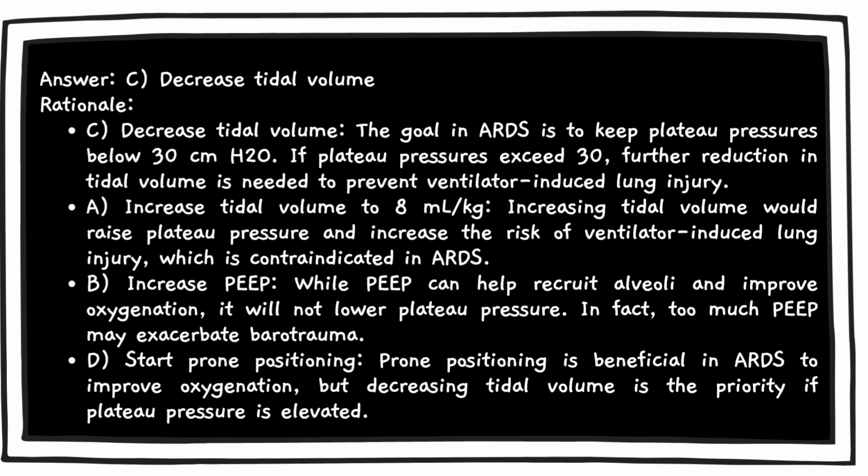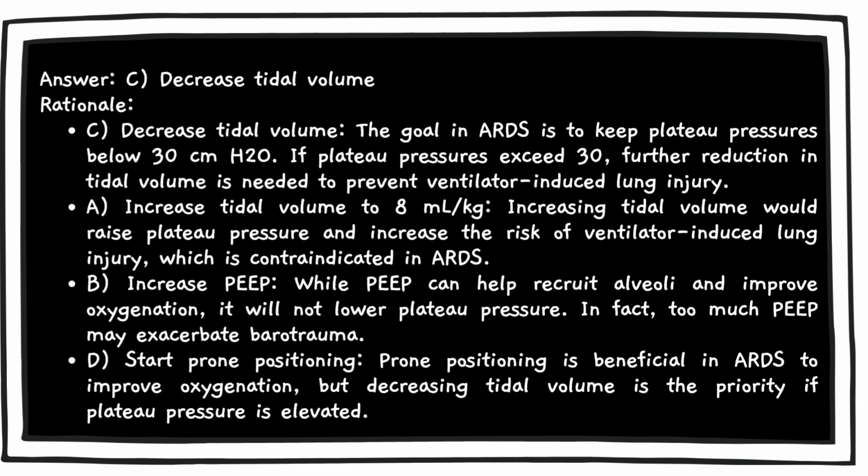If it's high and plateau pressure is high, you increase the chance that this patient is going to experience lung injury. So a decrease in tidal volume is the correct answer because you want to reduce the plateau pressure in the patient's lungs.